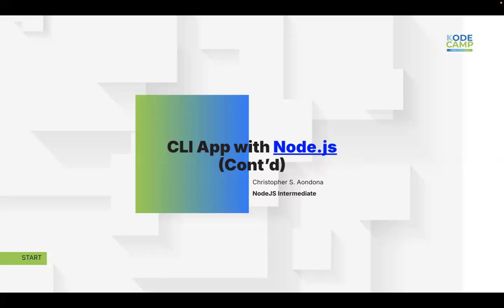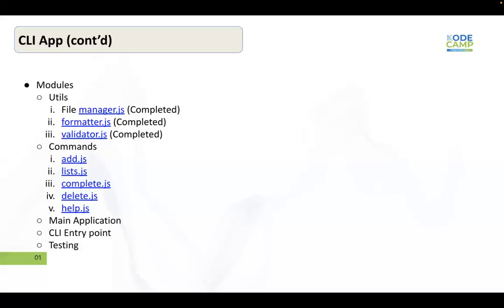In our previous class, we completed the utils module. And we even built the entry point and the main application file, which is the index.js. But then we had issues and we had to refactor.